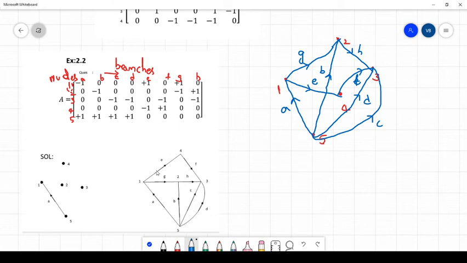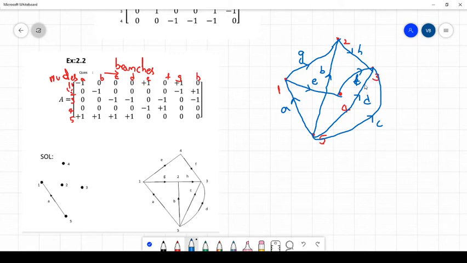Okay. So here in the solution he has given like this, in which nodes are placed like this: 1, 2, 3, 4 and 5. After that he joined. The graph given in the solution is a planar graph. Here we drew a non-planar graph. Why? Because here a crossover is there.